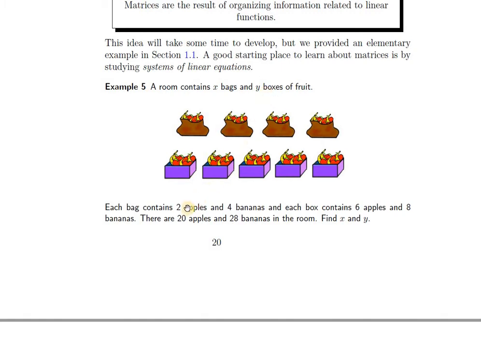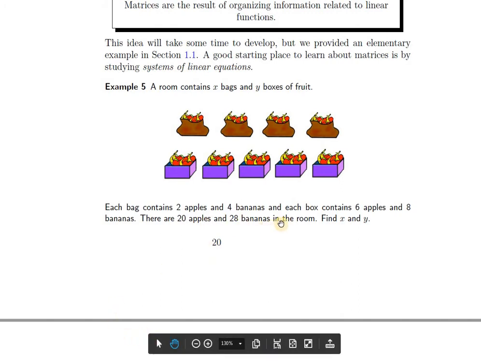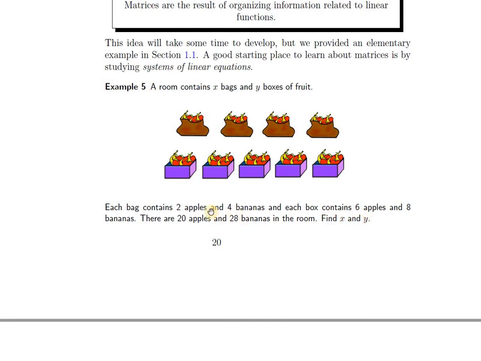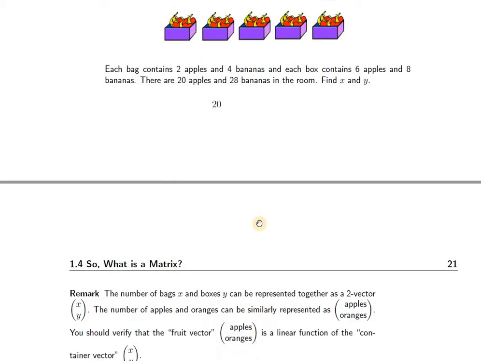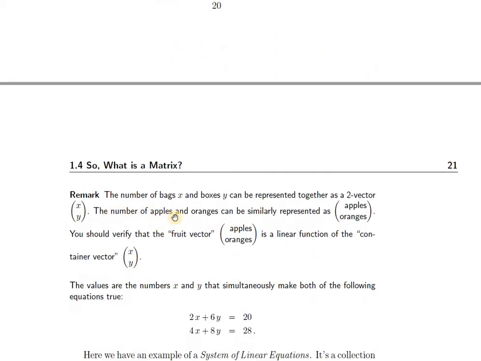So here's the information: 2 apples and 4 bananas in each box, 6 apples and 8 bananas in each bag. Okay. So the number of apples and the number of bananas are the outputs, and x and y are the inputs. The number of bags and number of boxes are the inputs. So you can arrange the inputs in a column vector. You can arrange the outputs also in a column vector. And we'll see how that works later. So that's what we say here.